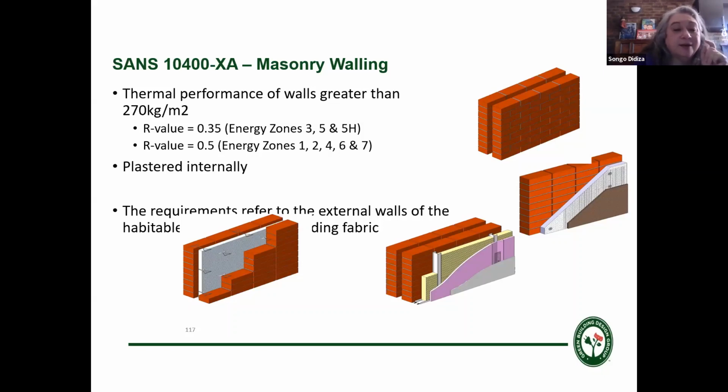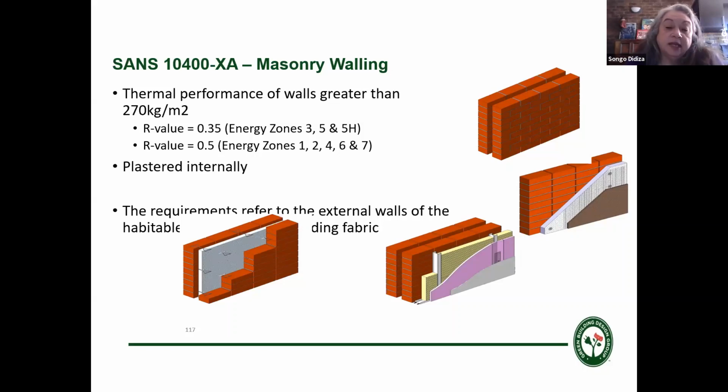So we're saying, okay, if you cannot build a good cavity wall, you can still build a double brick wall. And if you look at the picture on your right, there's a cavity wall, and the one just below the cavity wall has insulation and a screed on it.